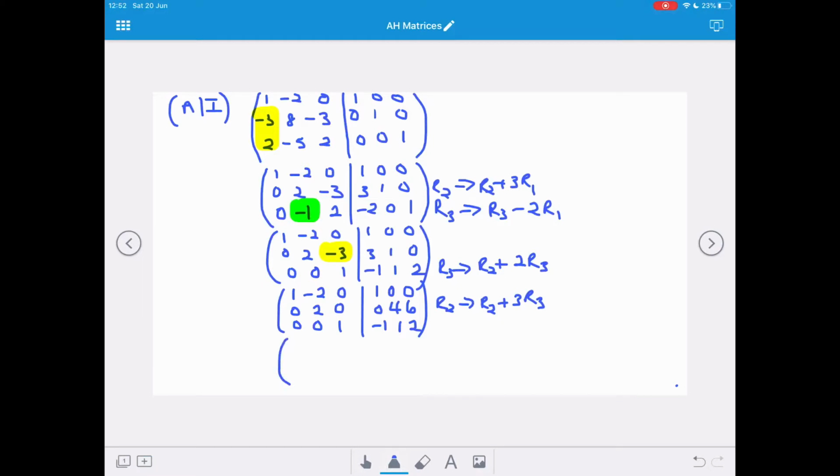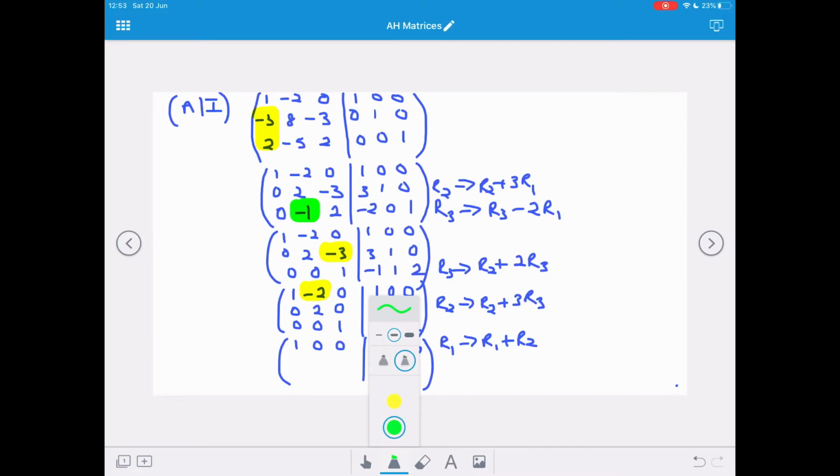So now we need to eliminate the negative 2 that is in position A12 on that row 1. And so we're going to do this by taking row 1 and adding on row 2. And that gives us 1, 0, 0, 1, 4, 6.